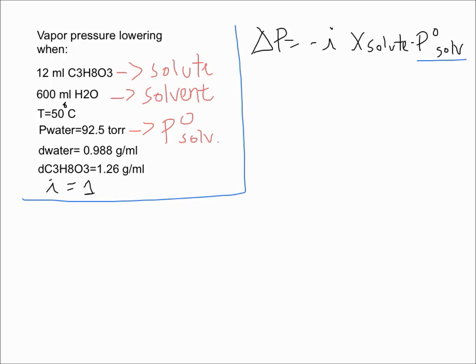We have this. This is 1. So the only thing we're missing is the mole fraction of the solute, because the question is, what is this change? So we need to obtain the mole fraction of glycerol.